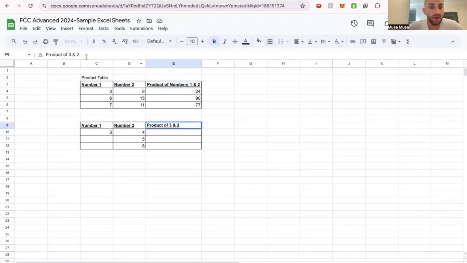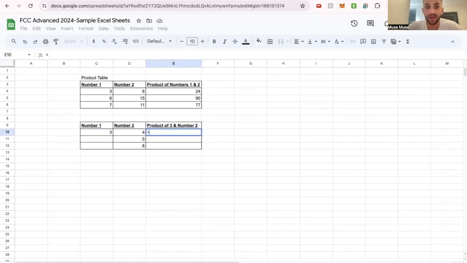So what I want to do is take every single number, like for example, this cell that I've got in blue, I want it to be 3 times 4. In the next row, I want it to be 3 times 5. And in the next row, I want it to be 3 times 8.